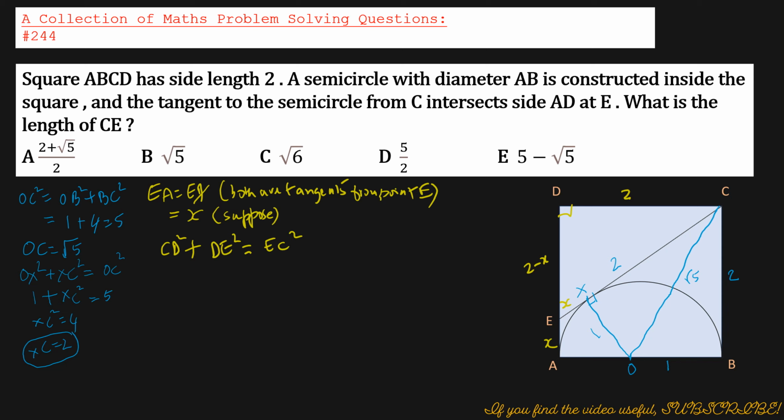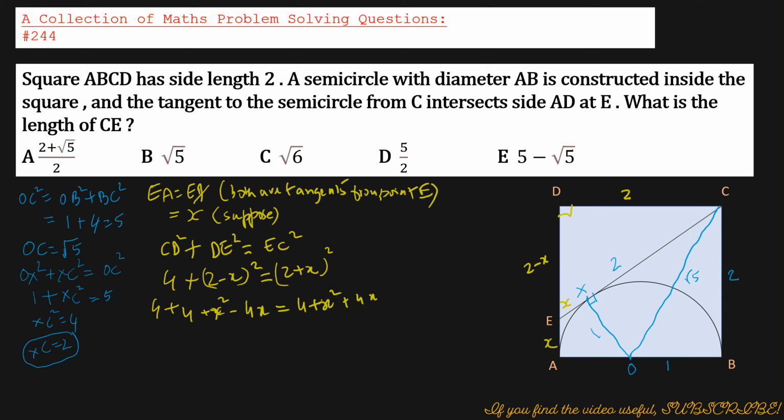So CD square would be 4, plus DE square would be (2 minus x) whole square, equals EC square, and that is (2 plus x) whole square. So we get 4 plus 4 plus x square minus 4x equals 4 plus x square plus 4x.